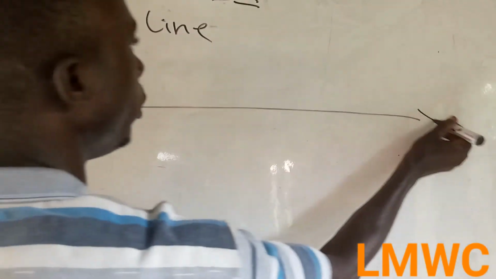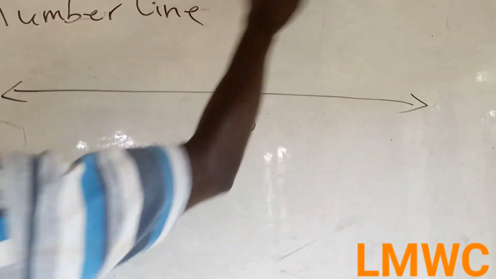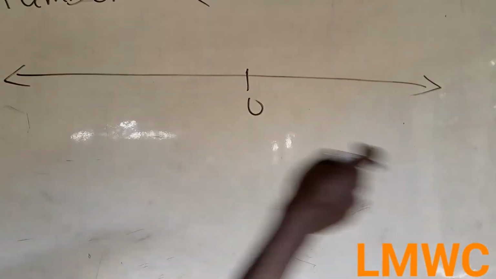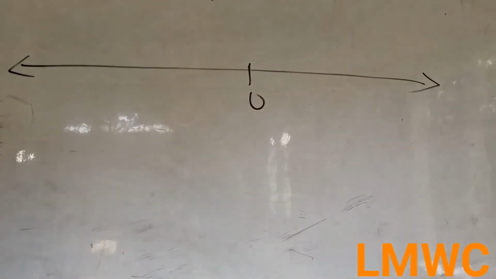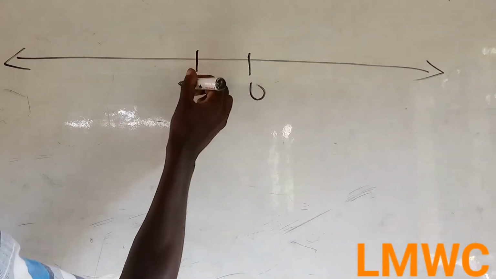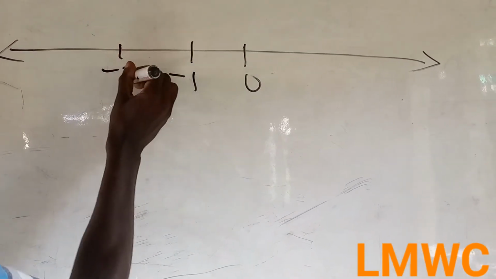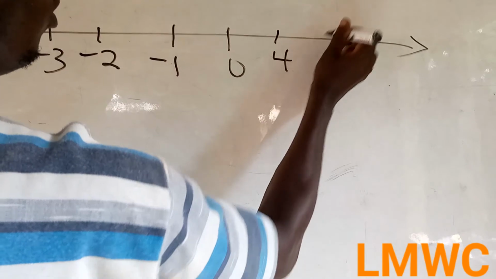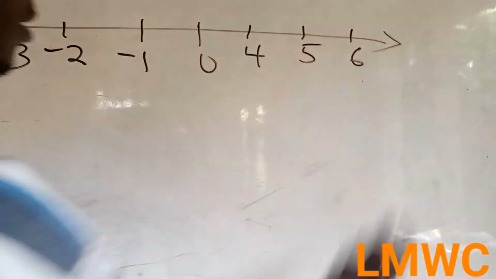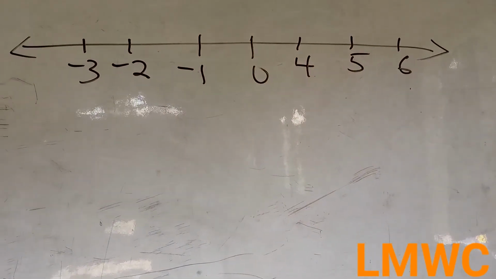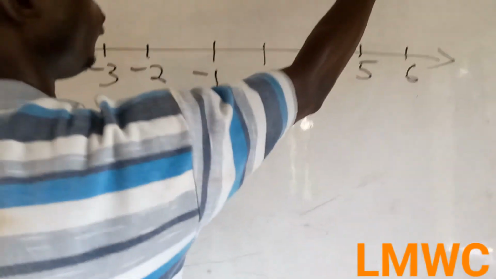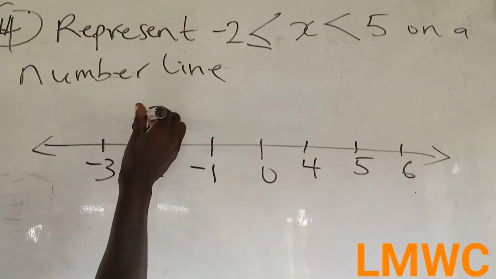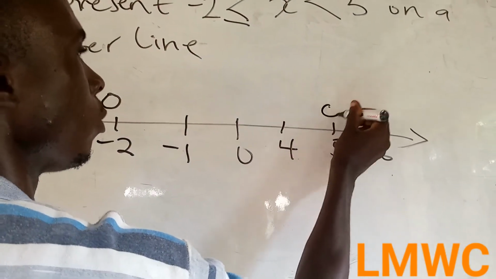So we now have -2 and positive 5. They are talking of -2 and positive 5. So you write your -1, -2, -3. Here you can start from 4, 5, 6. So what numbers are they talking of? It's -2 and 5. So you write your circles on it.